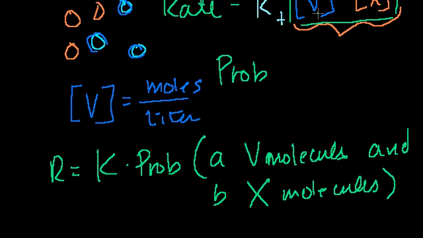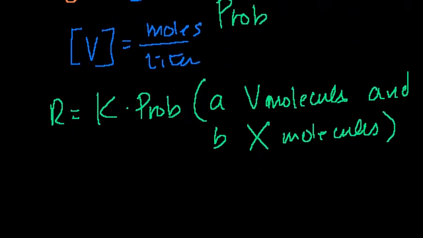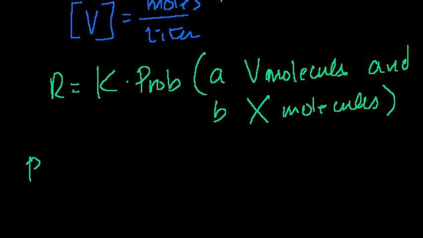Obviously, the higher the concentration, the higher the moles per liter, the more likely you're going to find that many molecules in that little small space that you care about, and the temperature and the configuration are going to matter more. But if you use the concentration as the probability, let me switch colors.